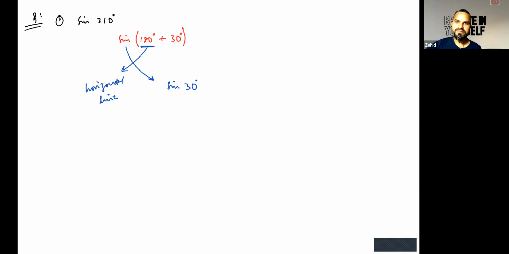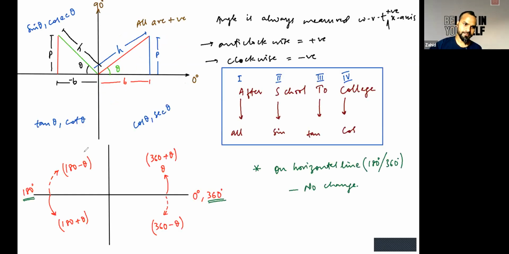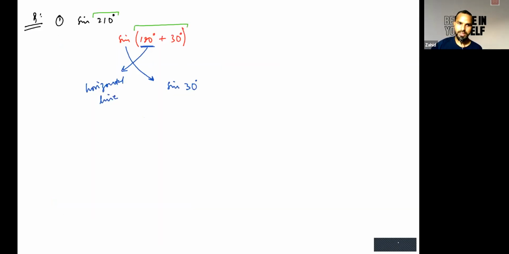Now the next part is to define in which quadrant this particular angle would lie. You'll say it will lie in the third quadrant according to this rule: 180 degrees plus theta lies in the third quadrant, and in the third quadrant sine theta is negative.